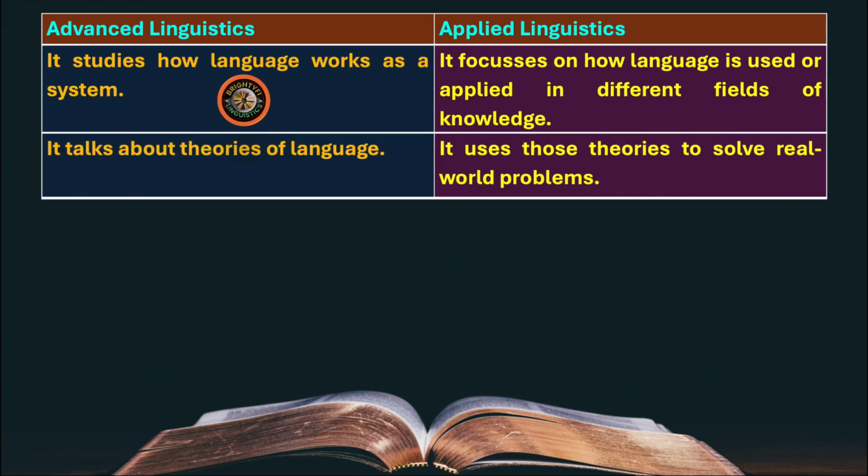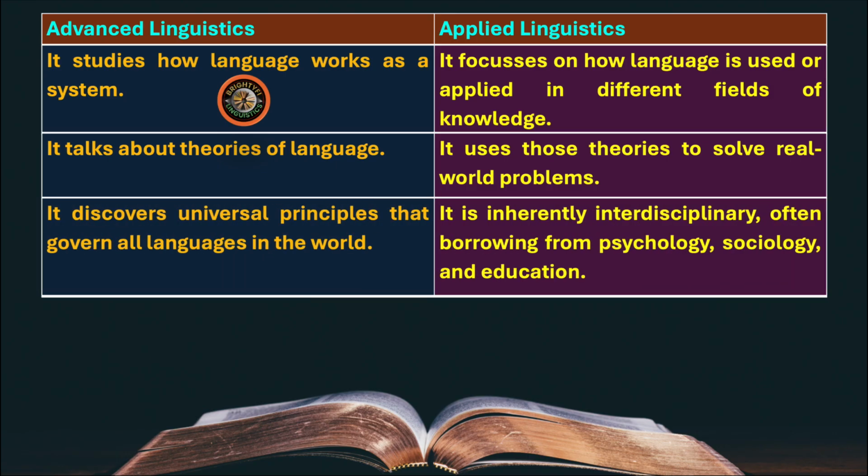Point number 2: advanced linguistics deals with theories of language, whereas applied linguistics uses those theories to solve real-world problems. Point number 3: advanced linguistics discovers universal principles that govern all languages in the world, whereas applied linguistics is inherently interdisciplinary, often borrowing from psychology, sociology, and education.